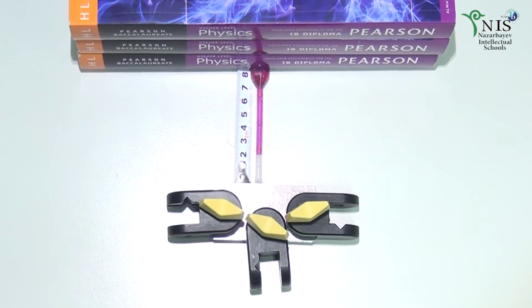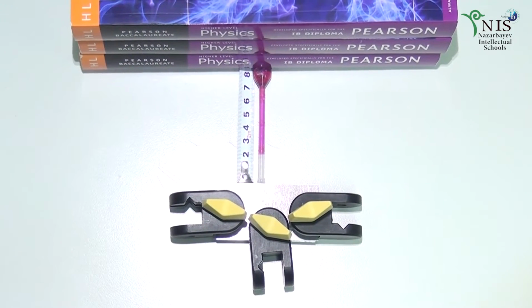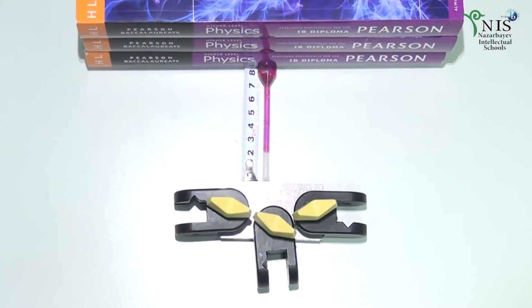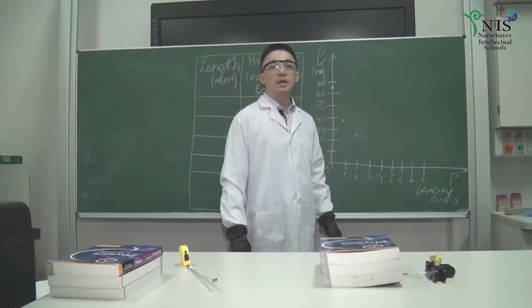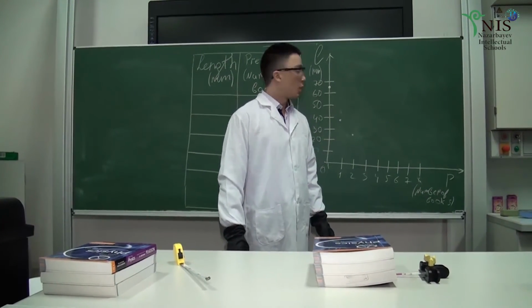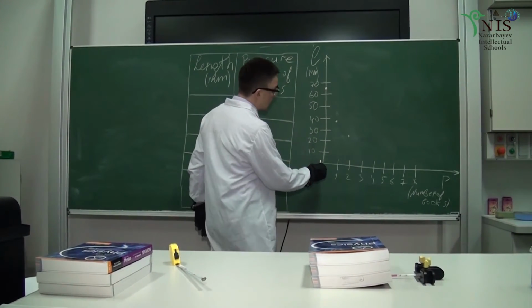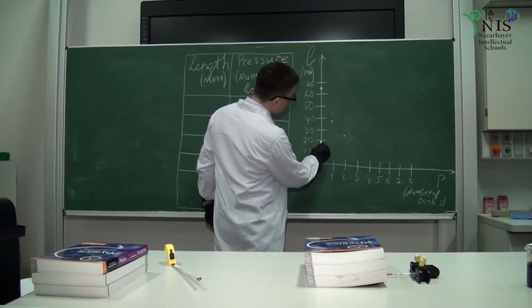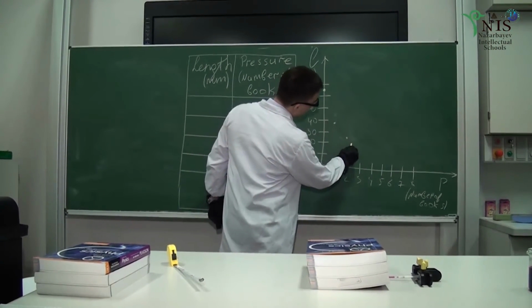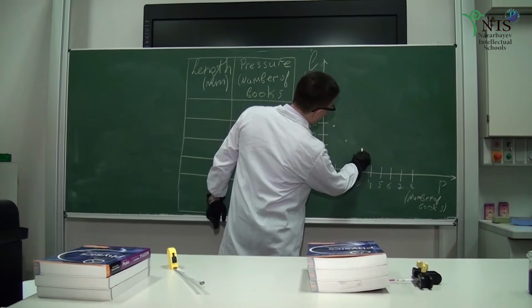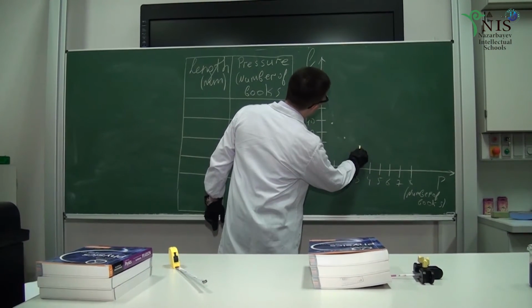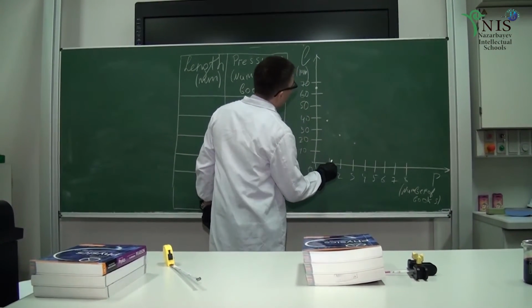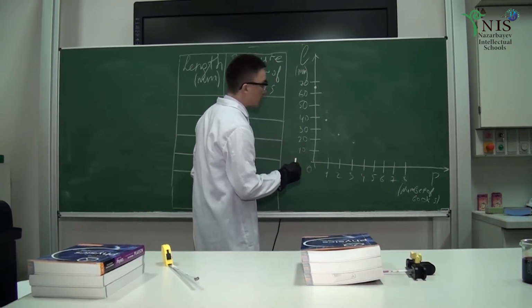Now I added the third book, and the length is now equal to 19 millimeters. So our next point will be when length is equal to 19 millimeters and the number of books is 3. As you can see, slowly we have a pattern of a line of an isothermal process.